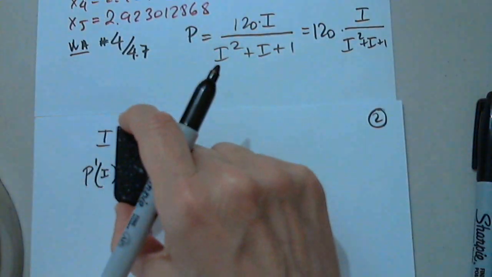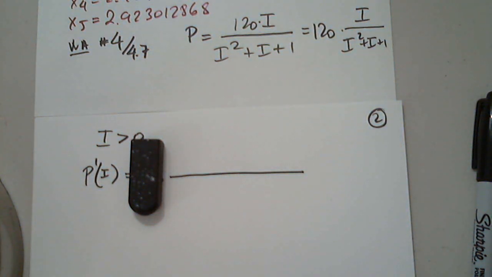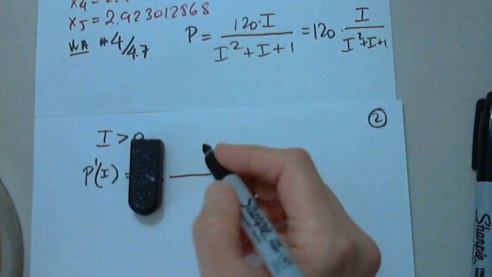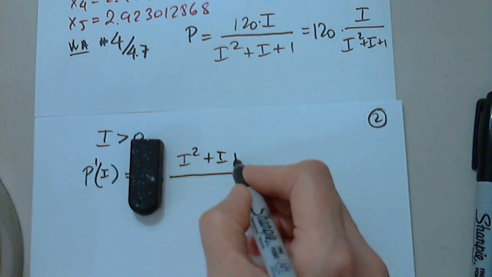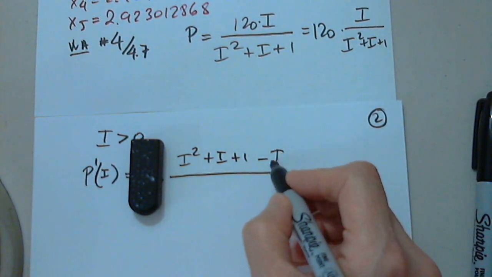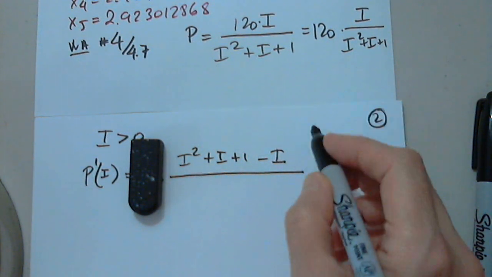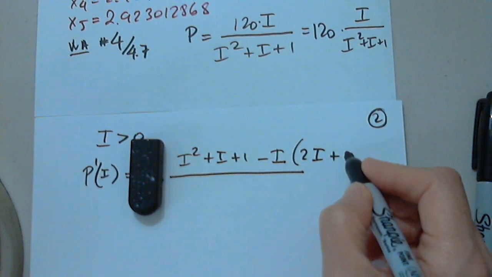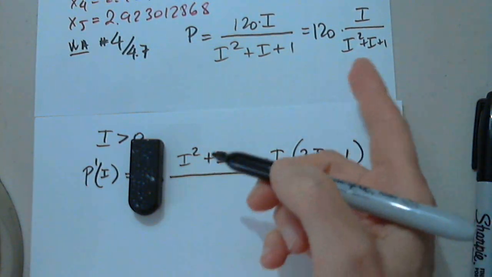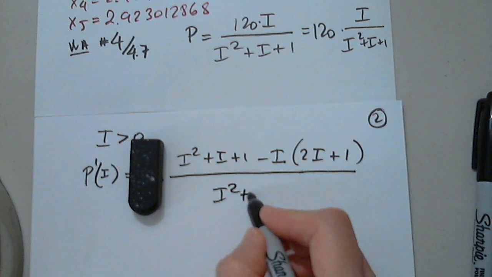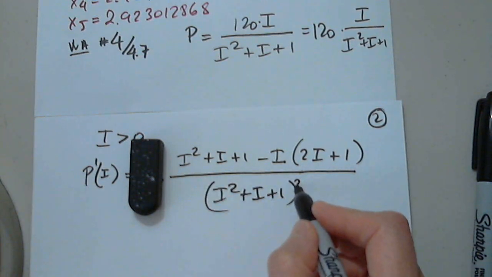Top prime is 1, so I squared plus I plus 1 minus top times the denominator prime, which is 2I plus 1. Of course, over all this squared.